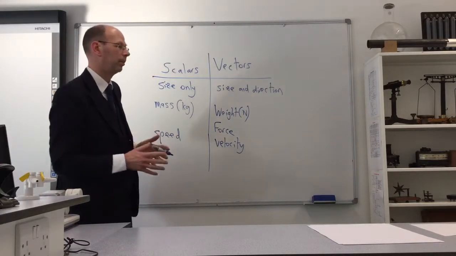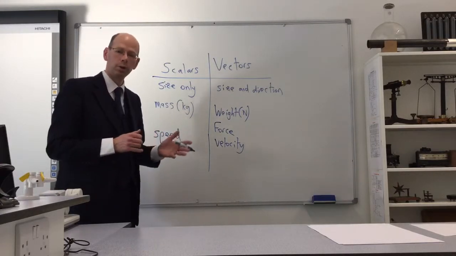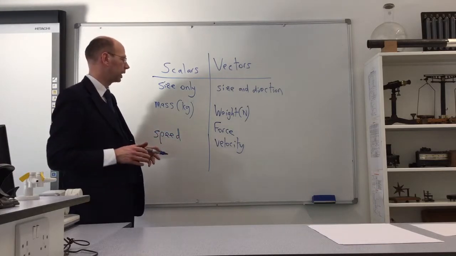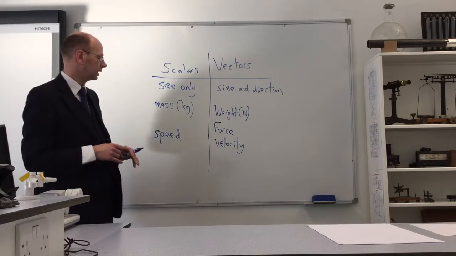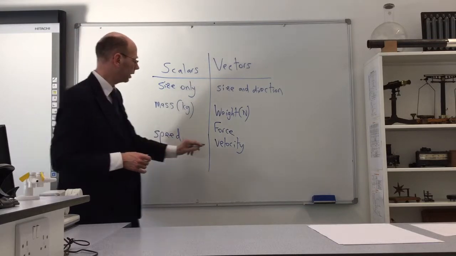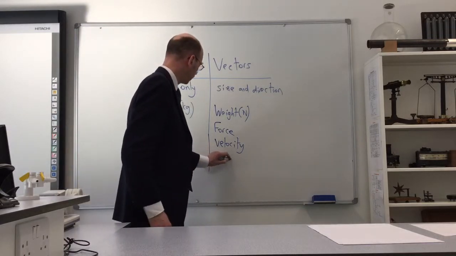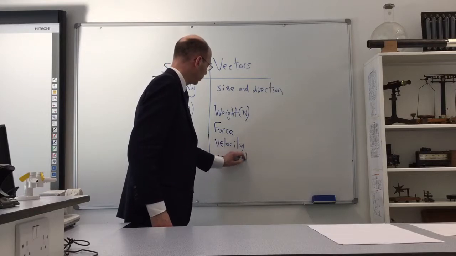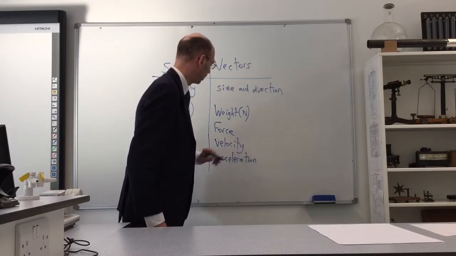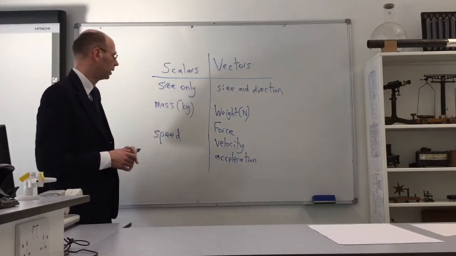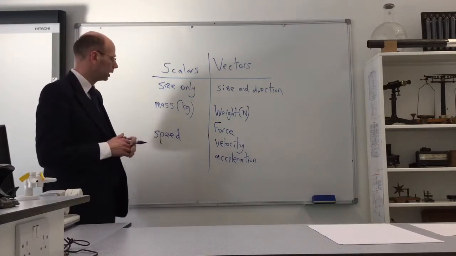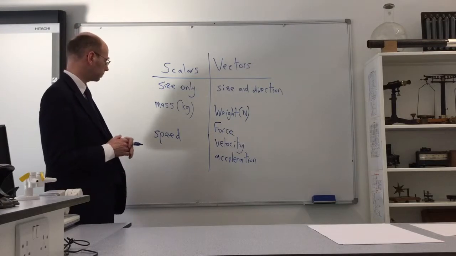So your velocity might be 5 meters per second forwards or 10 meters per second upwards. Velocity, unlike speed, has a direction. Acceleration as well is another commonly used vector quantity which has to have a direction. You can be accelerating forwards, you can be accelerating downwards under gravity. You've got a size and a direction.